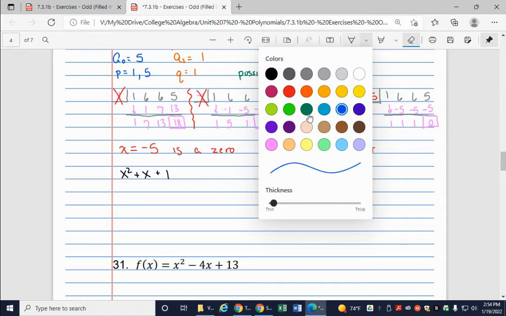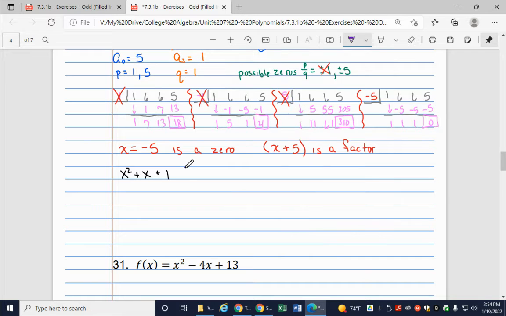Okay? If it doesn't factor, then we use the quadratic formula. Because that's the only thing left for us to do. Okay? So remember your quadratic formula is negative b plus or minus the square root of b squared minus 4ac all over 2a.